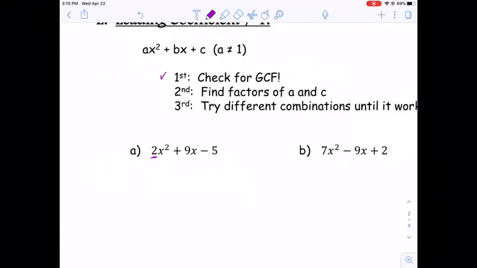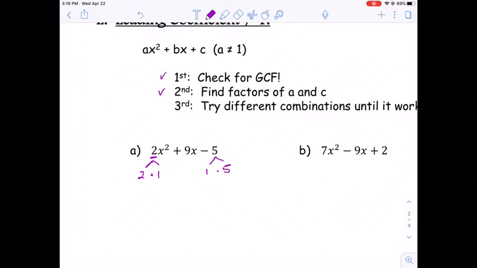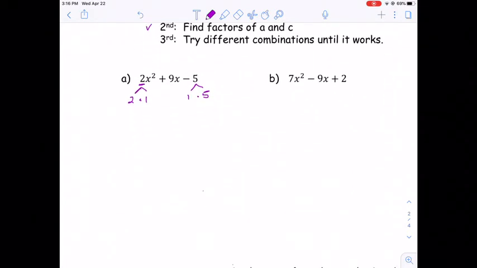So I checked for my greatest common factor and I can't do it. So now I want to find the factors of A and C. A is the first coefficient, 2. 2 breaks down to 2 times 1. The second coefficient is 5, which is 1 times 5. So I have a couple of possibilities.